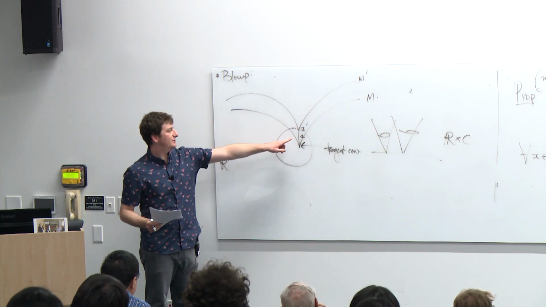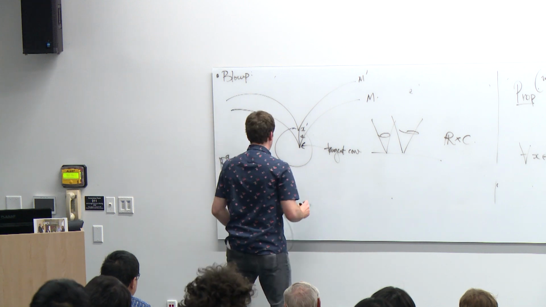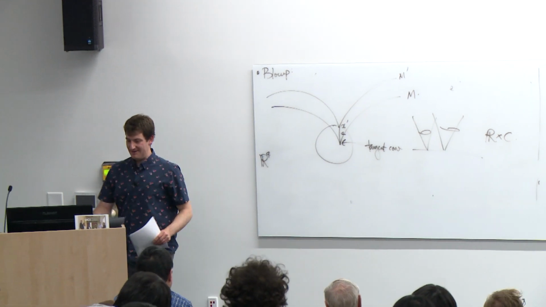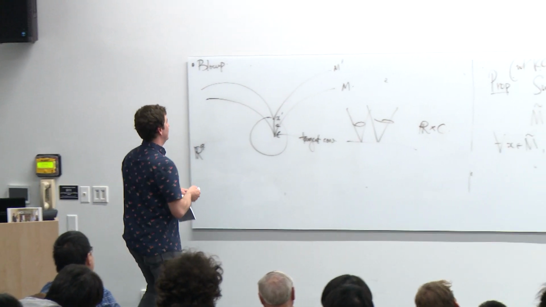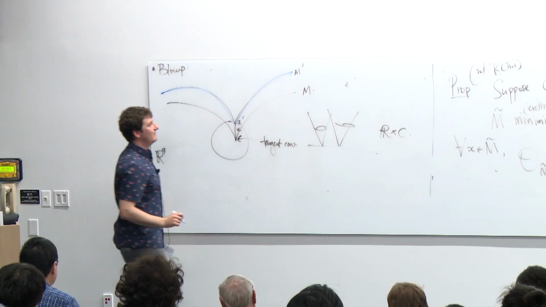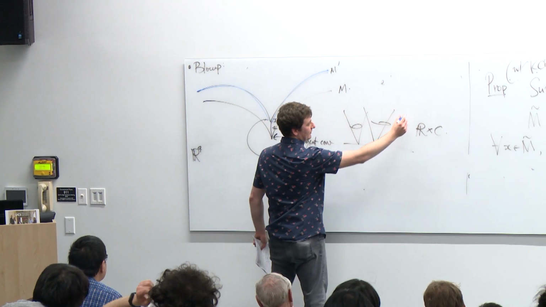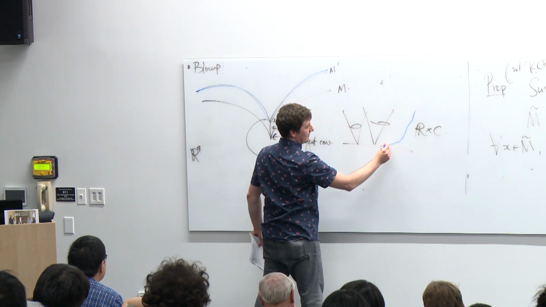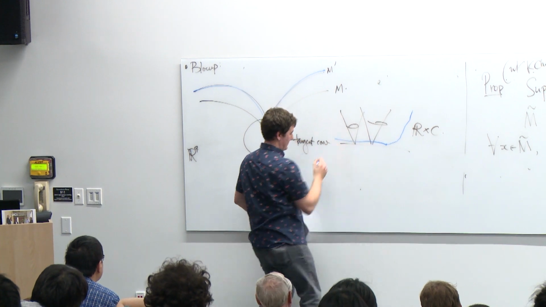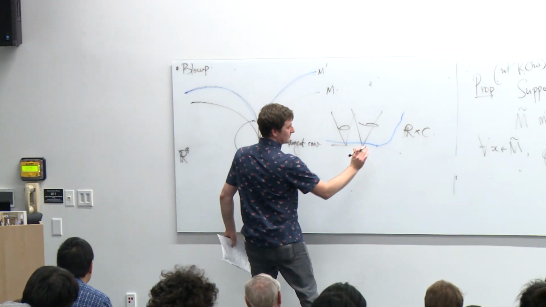I blow up so that this distance becomes 1. But then there's something very upsetting which happens to you. Let me pretend that I had been prepared and drawn M prime in blue. And so in the blow-up picture, M prime looks somehow like this. I should draw the origin.